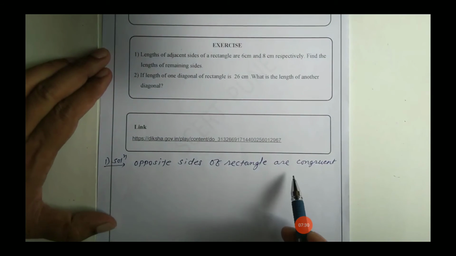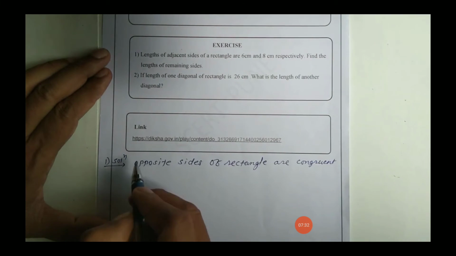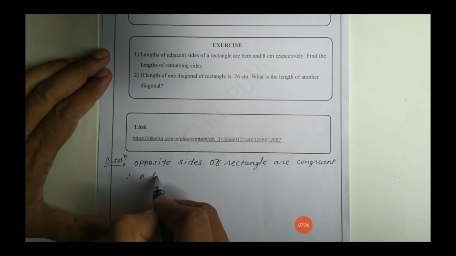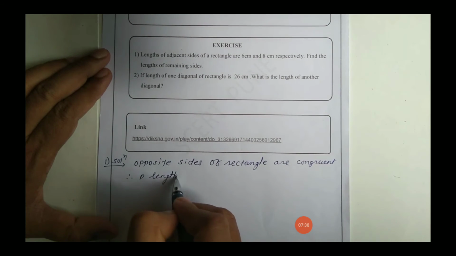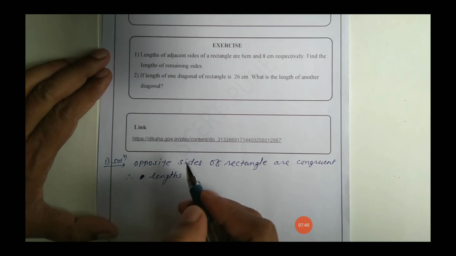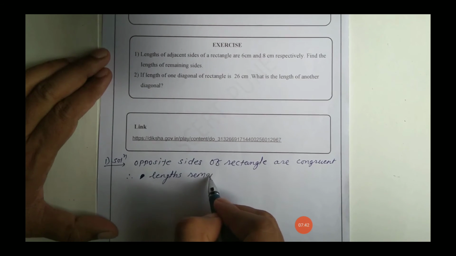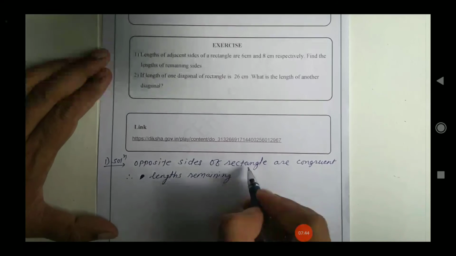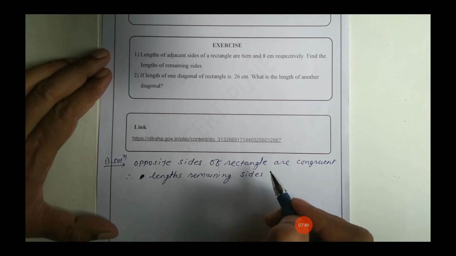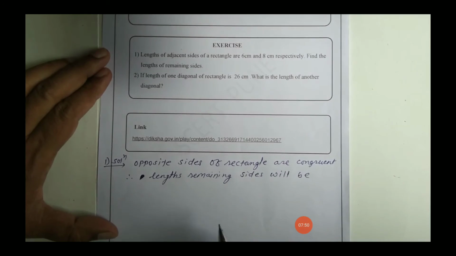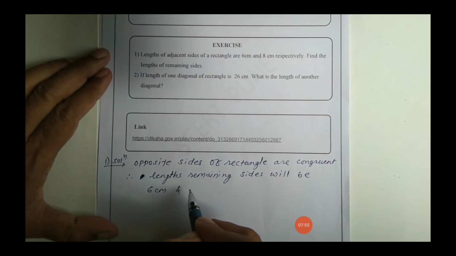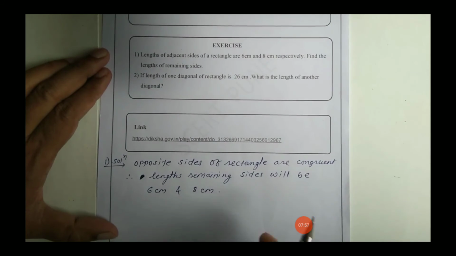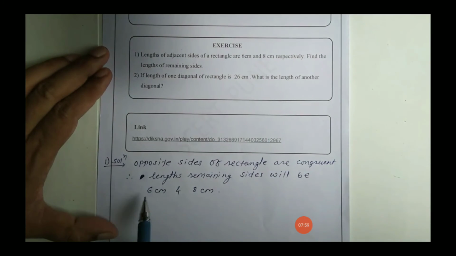So opposite sides congruent बोलल्यानंतर the other remaining sides, therefore lengths of remaining sides will be yes same असणार ना. जर 6 आणि 8 दिले तर 6 centimeter and 8 centimeter. Now suppose it is for 1 mark, then you should write like that.